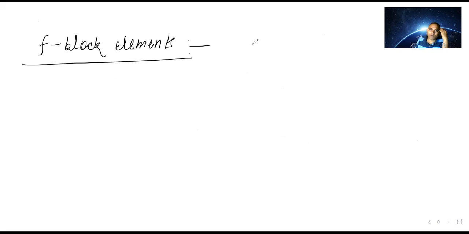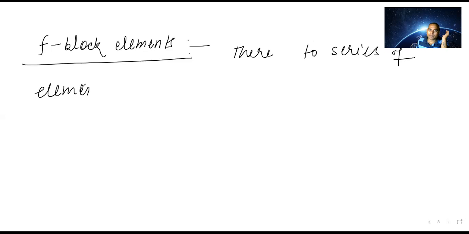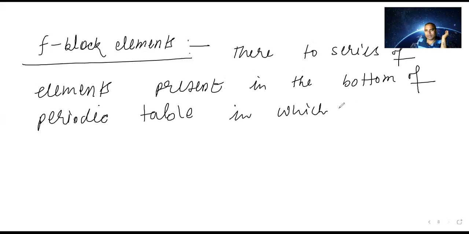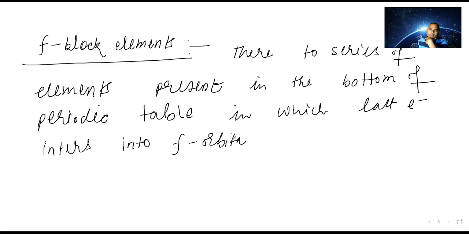So we can write F block element: there are two series of elements present at the bottom of the periodic table in which the last electron enters into the F orbital, and they are known as F block elements.